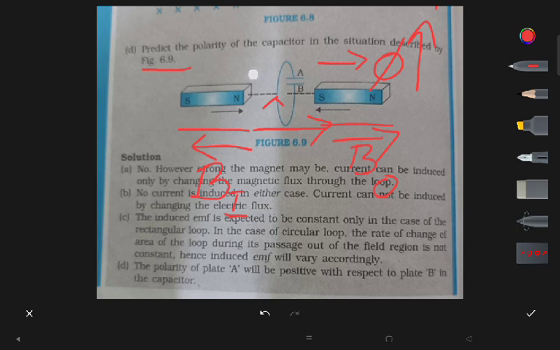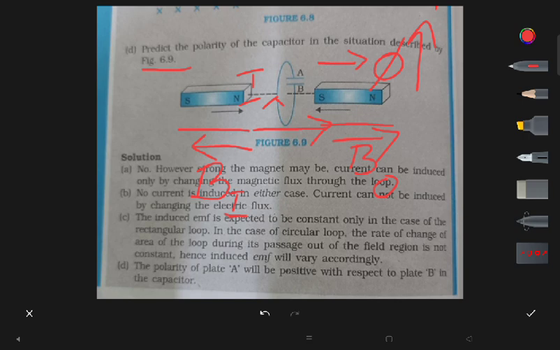This is the induced current. So from Lenz's law, we concluded that the induced current is produced in the loop in a clockwise direction.